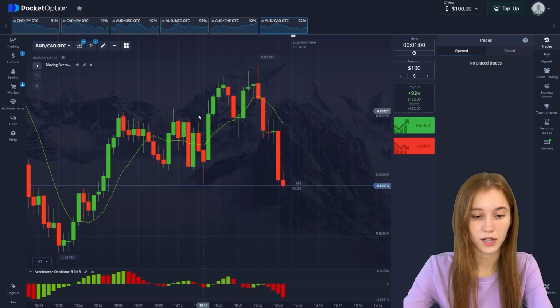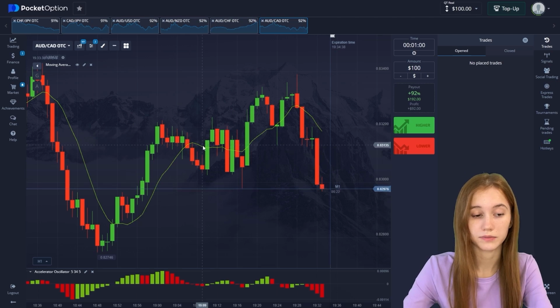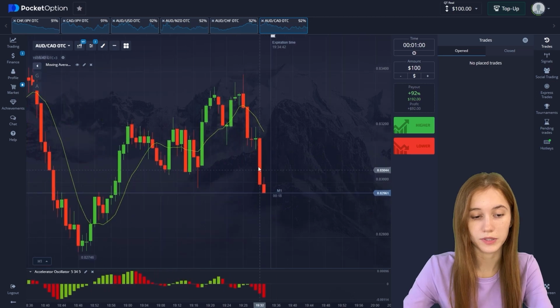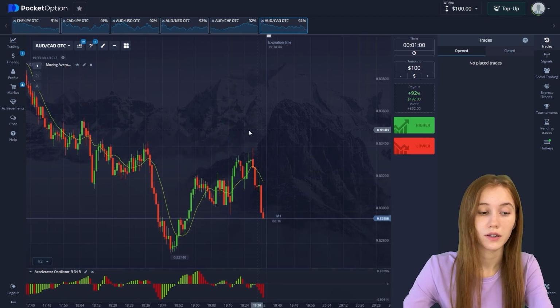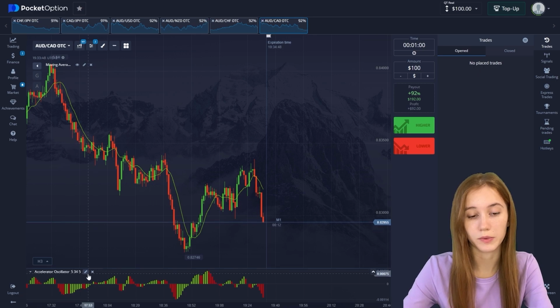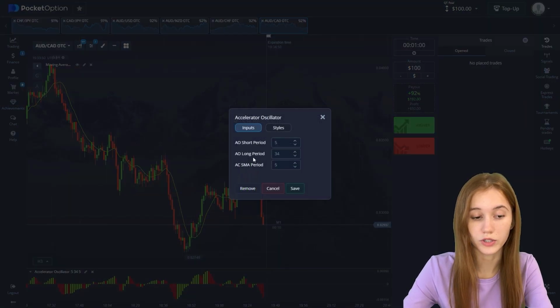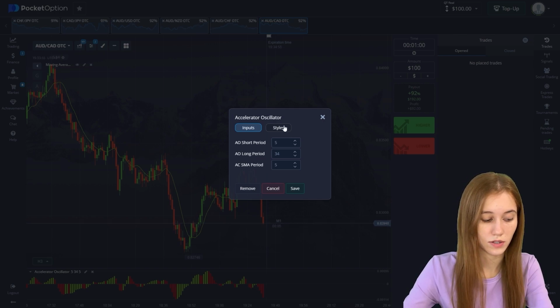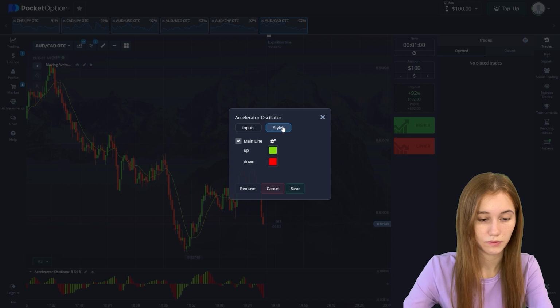So what does it mean? When the moving average is below the chart, the trend is moving up, and when the moving average is above the chart, it is moving down. So you see the settings. Quite a simple indicator.